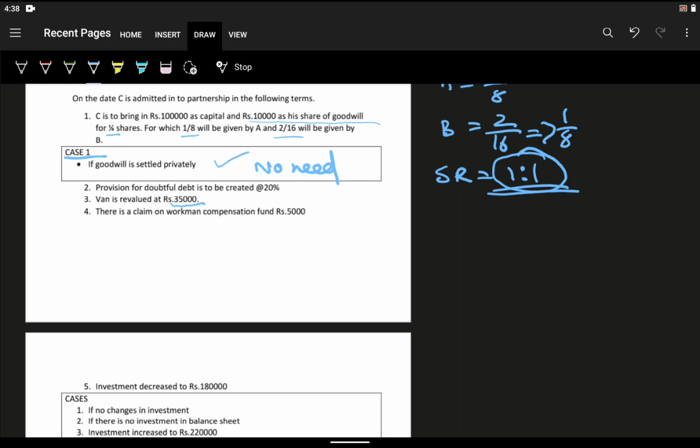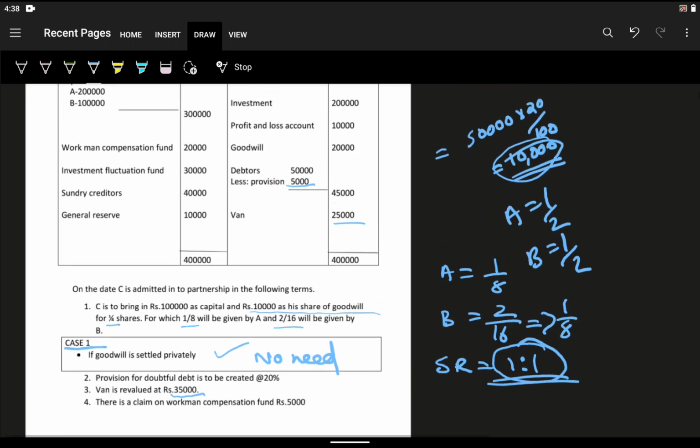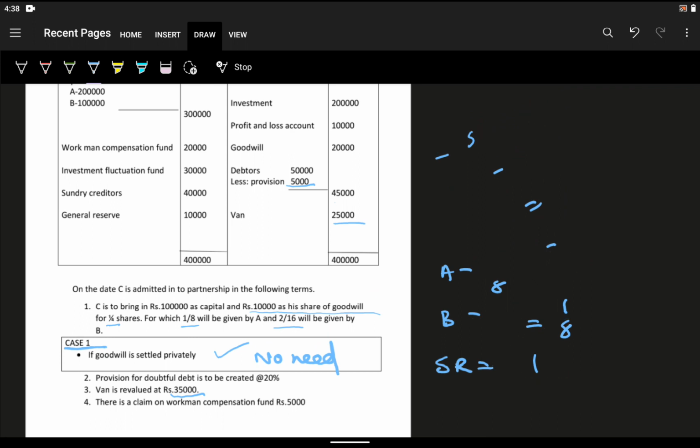there is a claim on workman compensation fund rupees 5,000. Here you want to take care very carefully. What is a workman compensation fund?